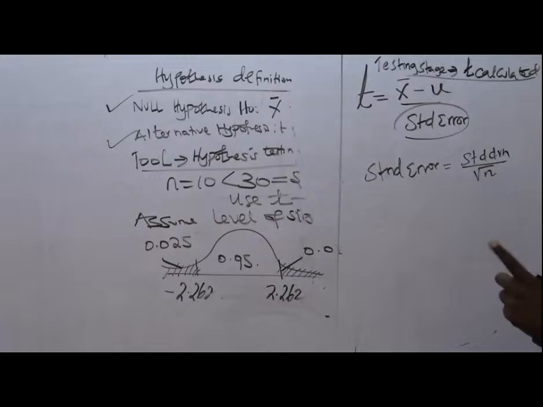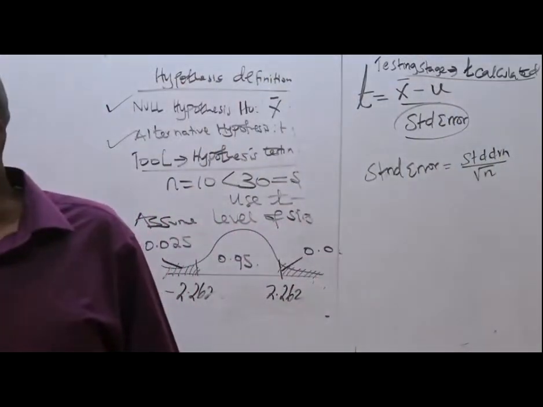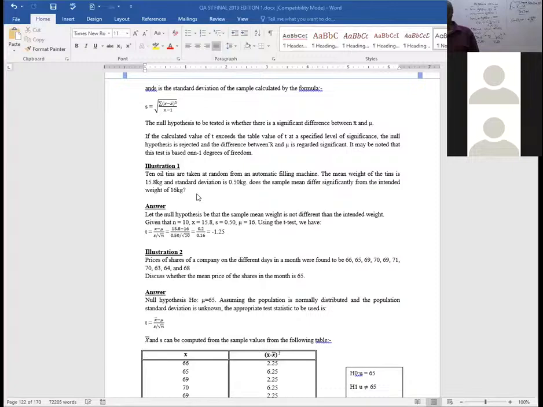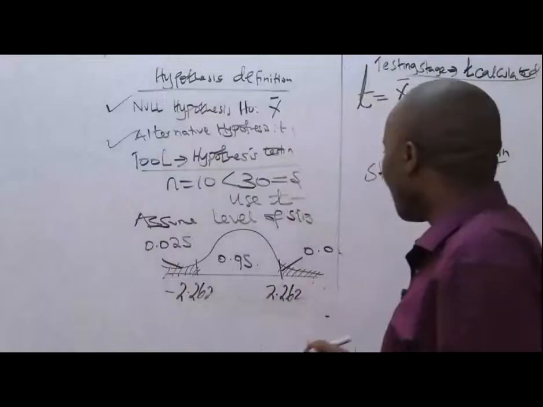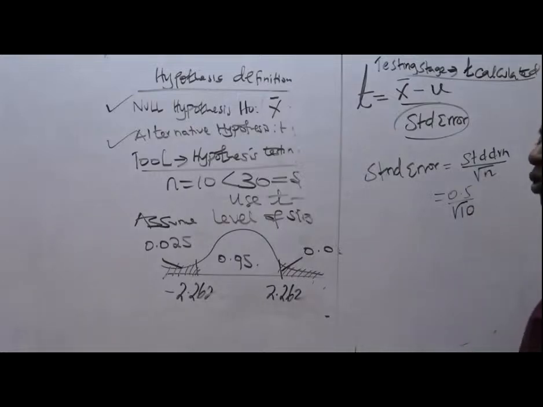Do we have a standard deviation in this question? If you look at this question very well, they have given us a standard deviation of 0.5. And of course, n is 10. So we have the standard deviation of 0.5 over root of n, which is 10.